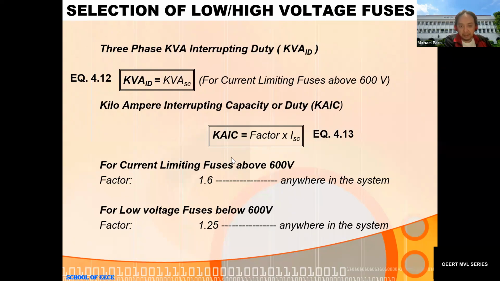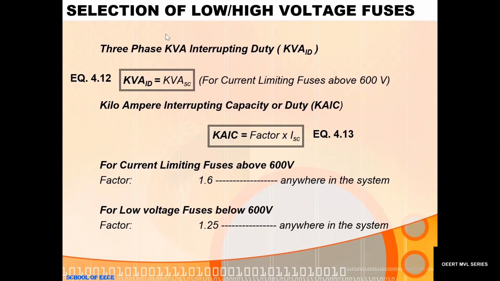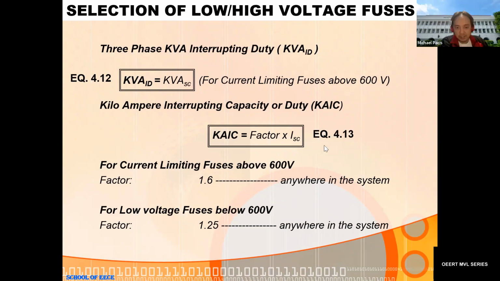And then the others, if this is lower than 600 volt, the factor is 1.6 and 1.25 on the system here. Now, in this case, it will be dependent on whether the voltage is higher than 600 or lower than 600. So you have some factors that you need to represent on the formula for the fuse settings.